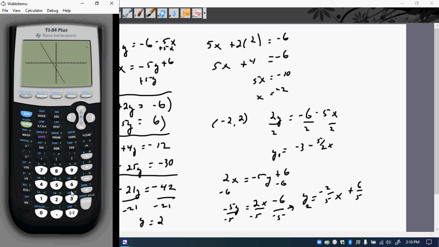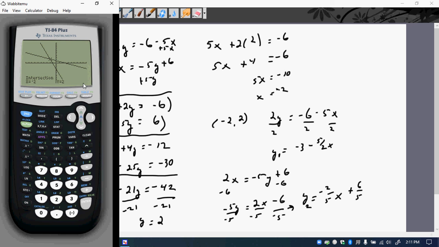So here are the two equations. And if I go to second calc, I can do 5 for intersection. And there's my solution, negative 2, 2, just like I got doing the elimination method. Okay. So that tells me that that worked.